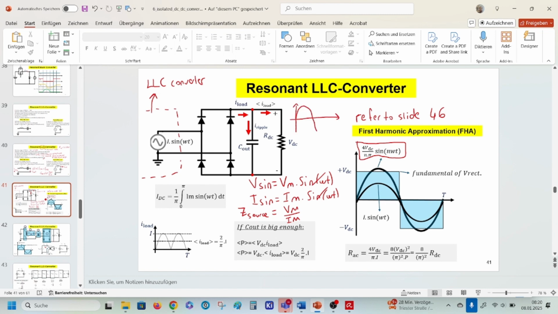Let's draw our sine wave. This would be the source, and the current will also look like this if the load is pure resistance.